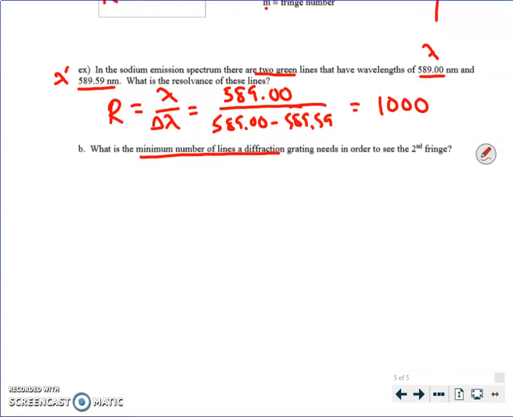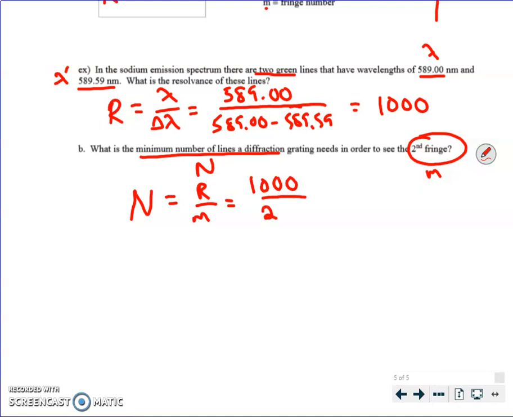Now we could ask, in order to see the second fringe, why the second fringe in this case? Well, why not? So that's m, and that's N. We can see that N, which is what we're solving for, is simply equal to resolvance over m. That's 1,000 divided by 2, which is 500.